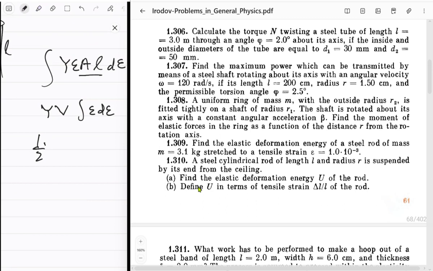There you go: half Young's modulus times volume times epsilon naught squared, going from 0 to something. So that's the energy spent in deforming it, right?